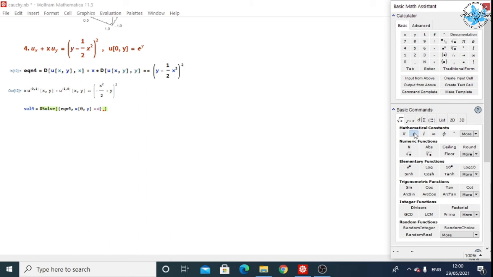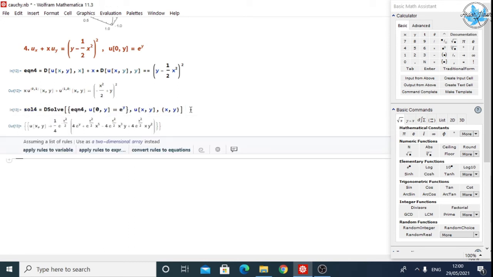For the exponential we will go here, exponential e raised to the power y is given. Then just write the u of x comma y is dependent here on x comma y. Then shift plus enter, then see this will be a solution of the given equation.